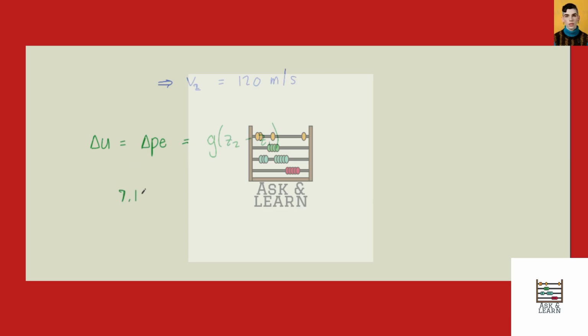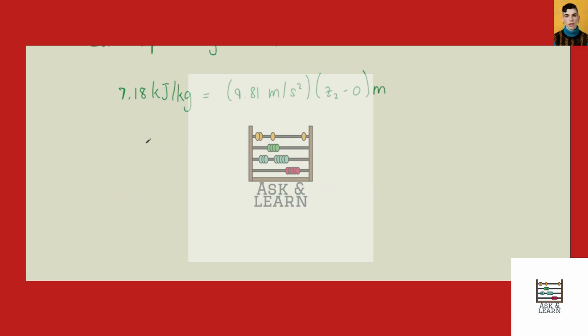That's 7.18 kilojoules per kg for the potential energy change, and that's equal to 9.81 meters per second squared for g into z2 minus 0. Initial elevation is 0 meters.